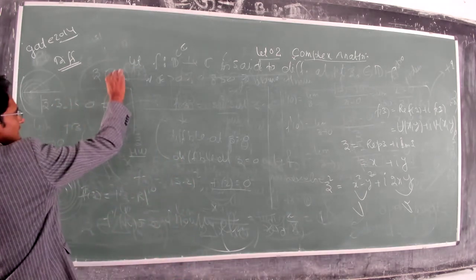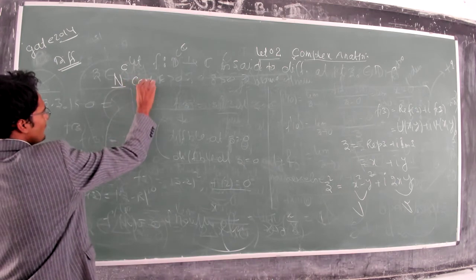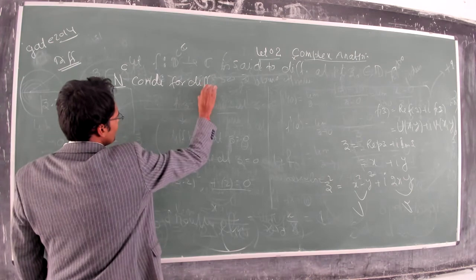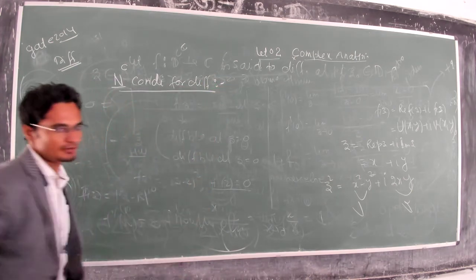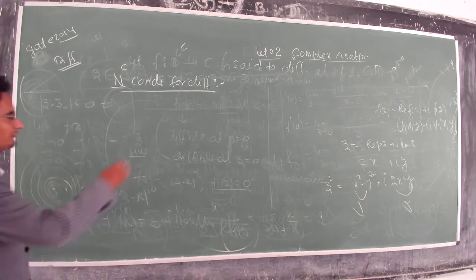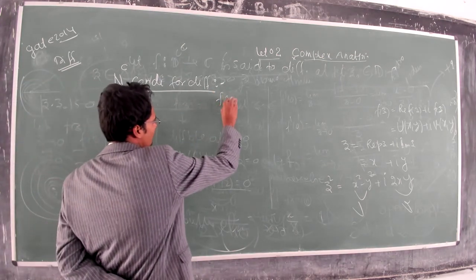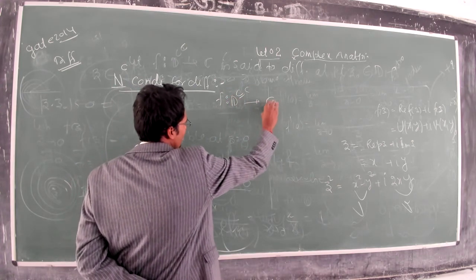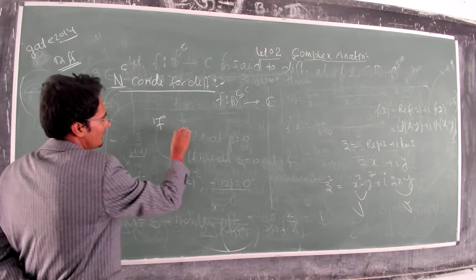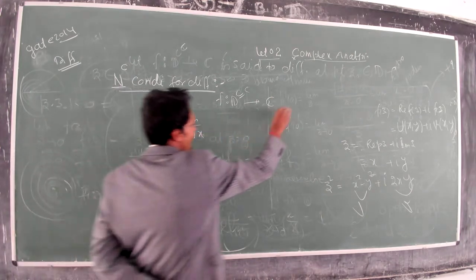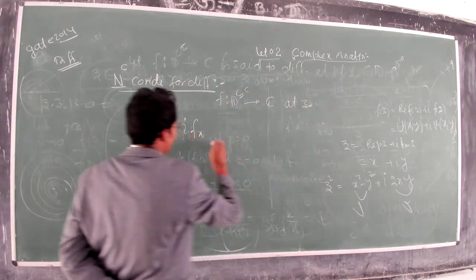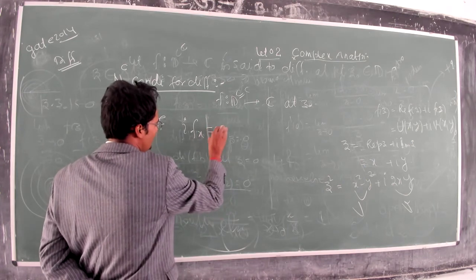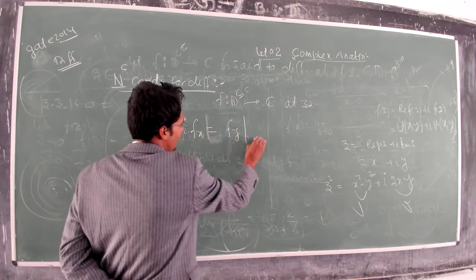The necessary condition for differentiability: a function defined from a subset of complex numbers C to C is differentiable at z naught only if iota f_x at z naught is equal to f_y at z naught.